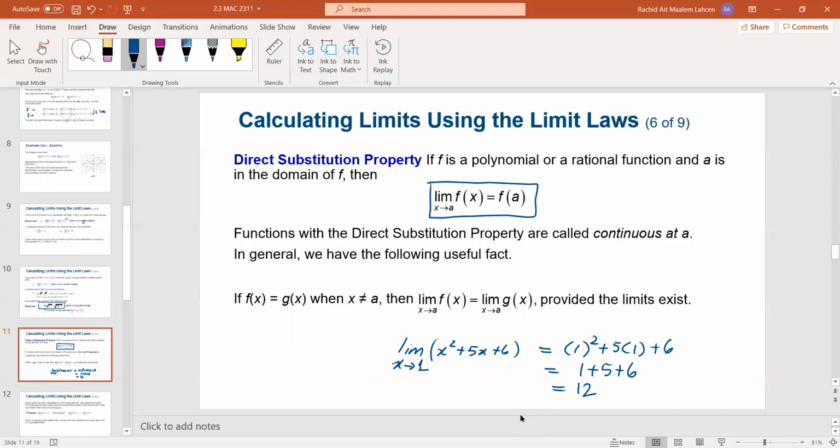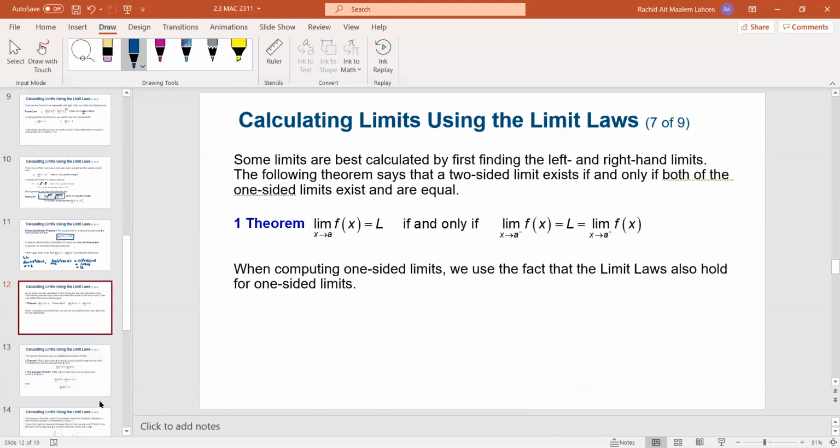All right. So that's f of a. Here a is 1, and f of x is x squared plus 5x plus 6, and a here is 1.